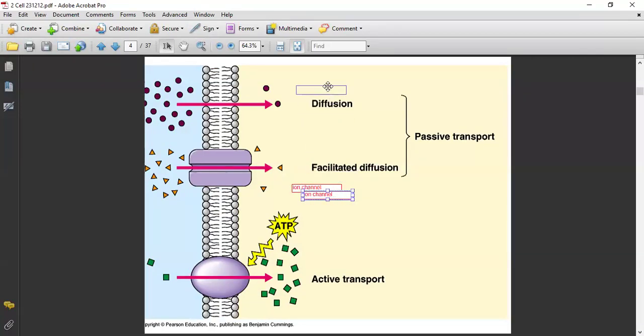So diffusion component here, the components that can freely diffuse are gas, such as O2, CO2, water, H2O, vitamins A, D, K, E. Explain this one.